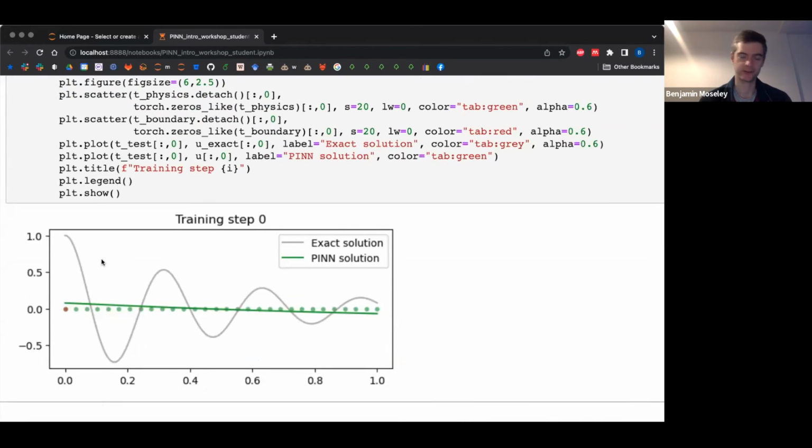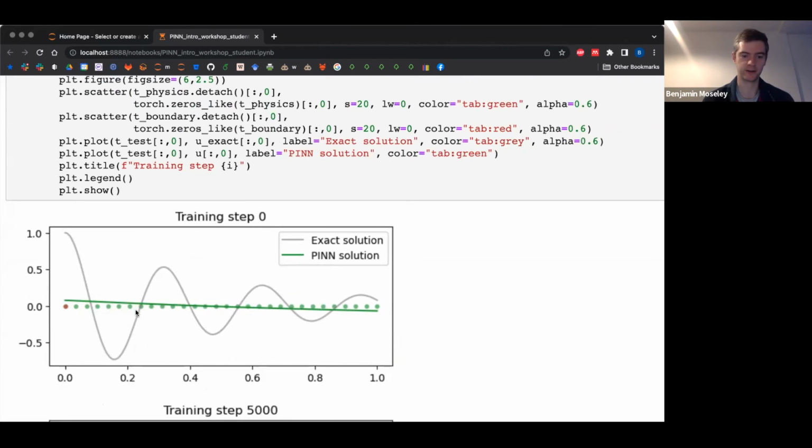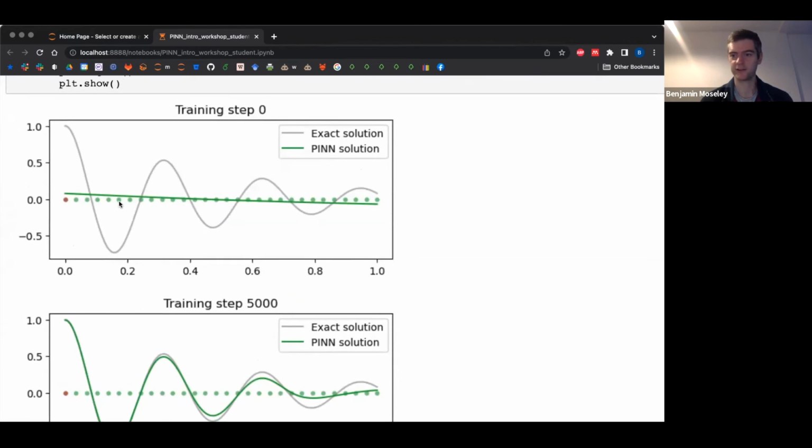What we've got in this plot is the exact solution, this gray curve, and the green solution is the PINN whilst it's training. And then these green dots here are the location of the physics training points that we're using, so the time values, and there's 30 of them regularly spaced between 0 and 1. And then the red dot here is the location of that boundary point. We're just going to use this one point to make sure the network obeys the initial conditions.